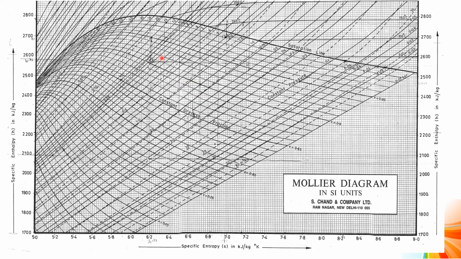So in our problem we have to find out the exit velocity C2. For calculating the exit velocity we have to know the values of specific enthalpy H1 and H2. In our problem, at state 1 the steam is dry saturated at a pressure of 5 bar. So from the Mollier diagram we have to mark point 1.